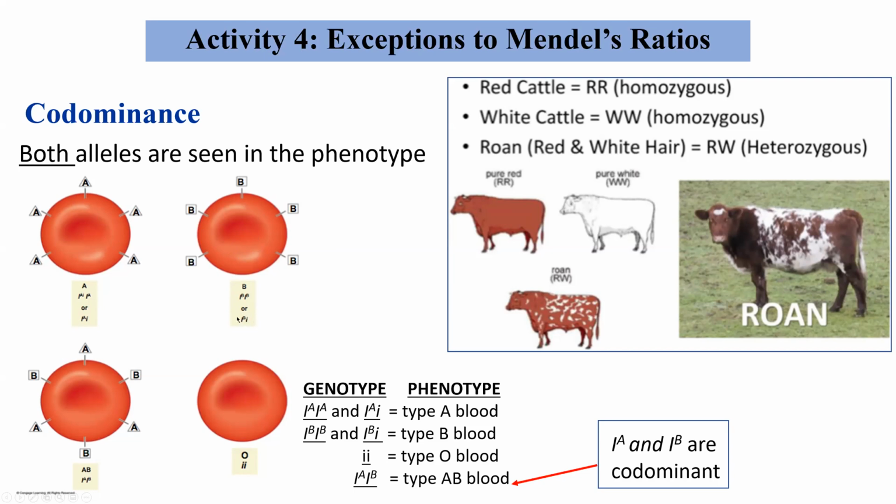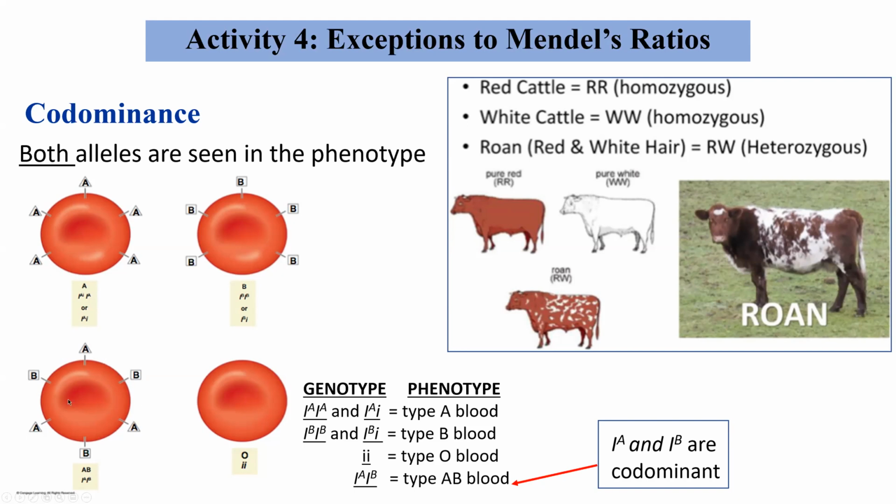In this instance, the dominant allele, the B protein, would still be expressed on the cell surface. And an example of codominance here in blood type would be the type AB blood. Here you have one allele for the A protein and one allele for the B protein, and on the cell surface of your red blood cell you see both A and B proteins expressed.